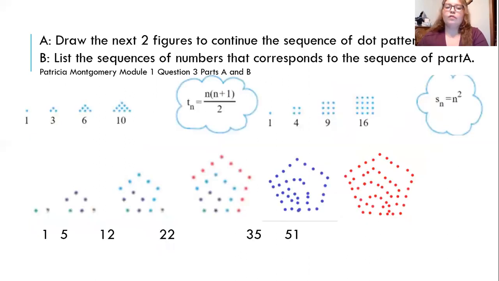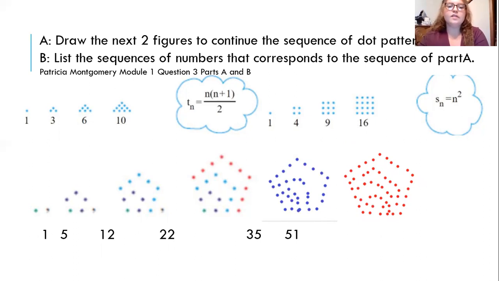So for question 3, there are quite a few parts for this one, so this will be part A and part B. It gives us this top dot sequence, which has triangular and square dot sequences, and shows you how that lines up.